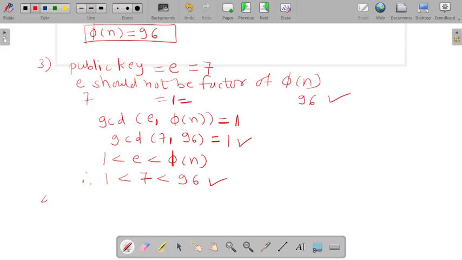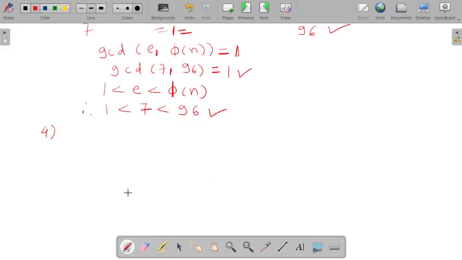So we are going with the fourth step, that is we have to find the value of our private key. So how are we finding the value of our private key? That is D. Our formula is D into E mod phi of n, and it should be equal to 1.